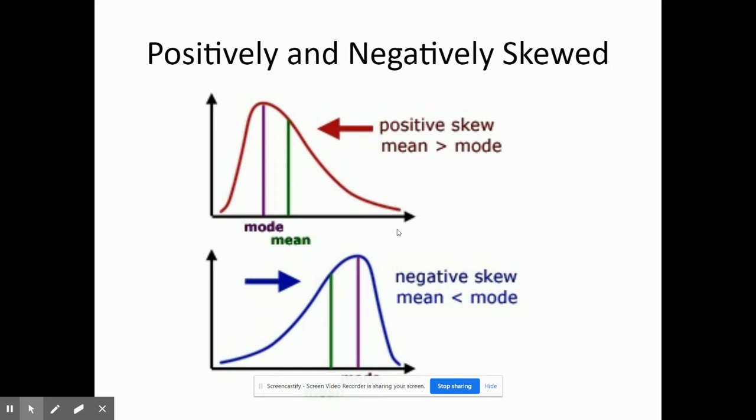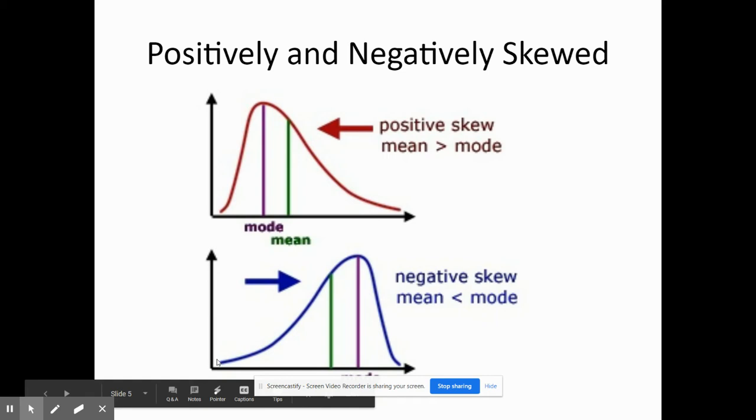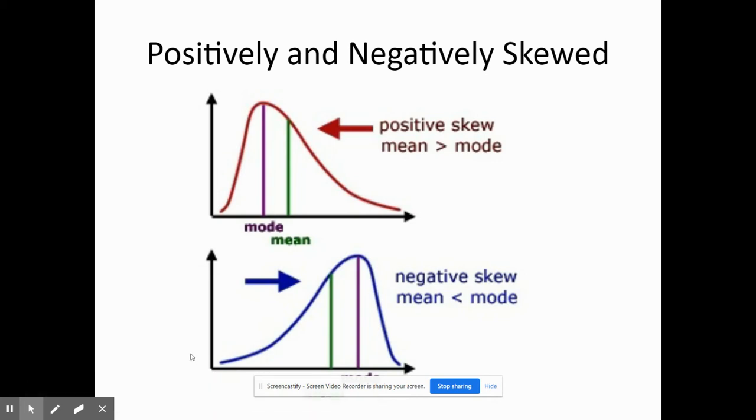So that would be your positive skew, because it's all the way positive. It's very far from 0. Whereas for the negative skew, the tail is going to be down here right around 0, so it's going to go even into the negative numbers. That's going to help you remember that for the negative skew, the mean is less than the mode.